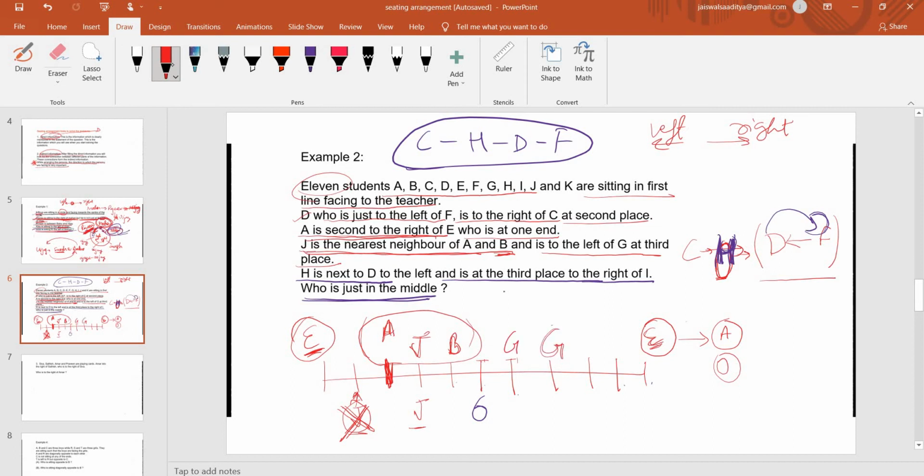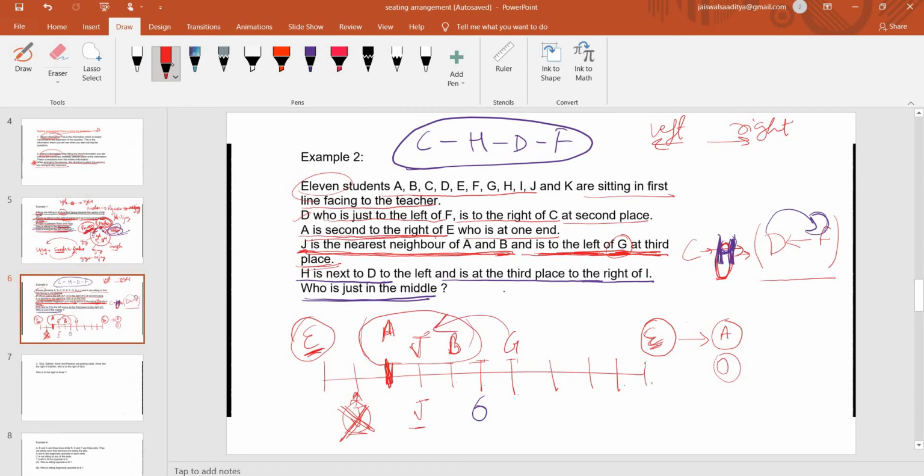Because see, J is the nearest neighbor of A and B and is to the left of G at the third place. So it's talking about the J and G relationship. Okay, the relationship between J and G. So G at the third place. J is to the left of G at third place. See, left of G at third place, 1, 2 and third place.